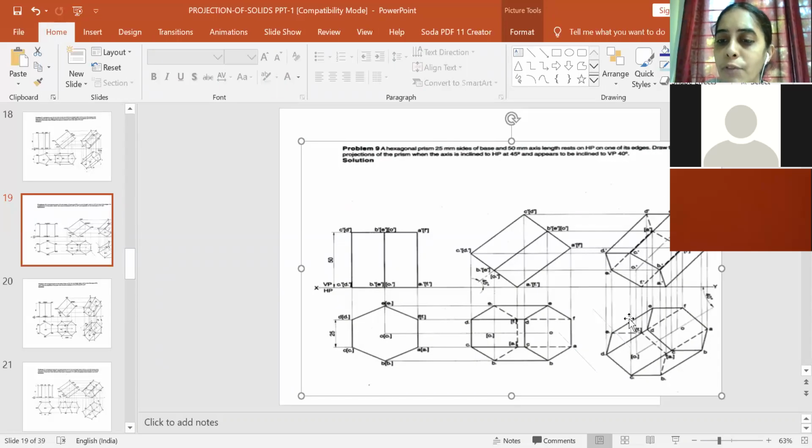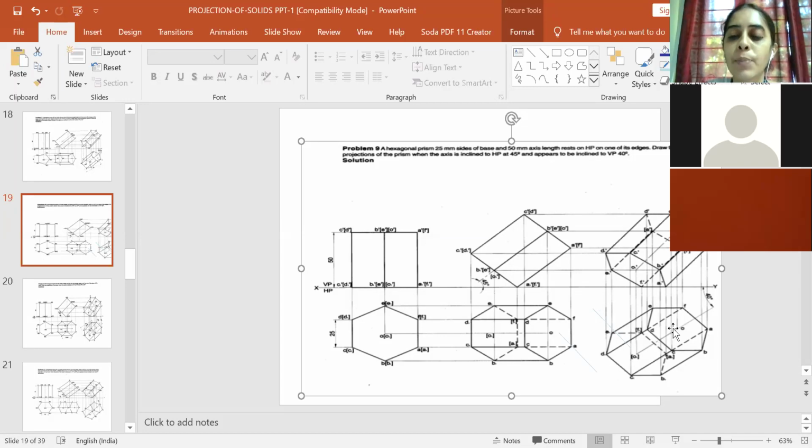So this is how the final stage of the front view in a hexagonal prism looks like when the given problem is inclined to VP with respect to the axis, at 45 degree and 40 degree. Okay, so if it was directly inclination, then we would have determined the apparent angle here.